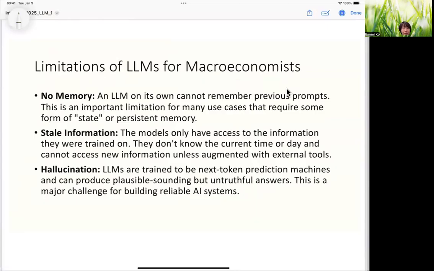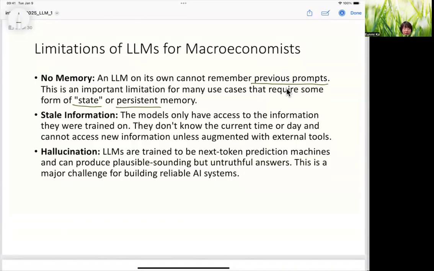All right, now let's talk about the limitations of large language models for macroeconomists. Large language models do not have their own memory, so they cannot remember previous prompts. This is an important limitation for many use cases that require some form of state or persistent memory to forecast macroeconomic status, such as unemployment, inflation, economic growth, or GDP levels.